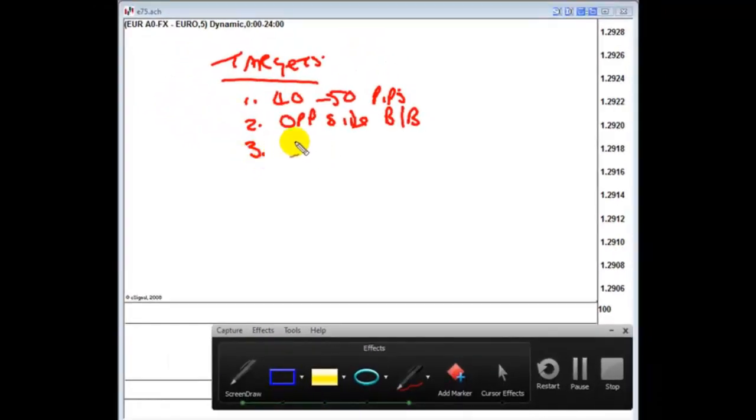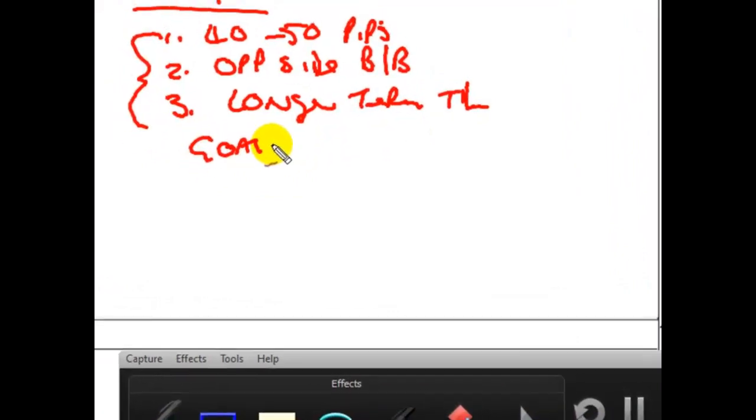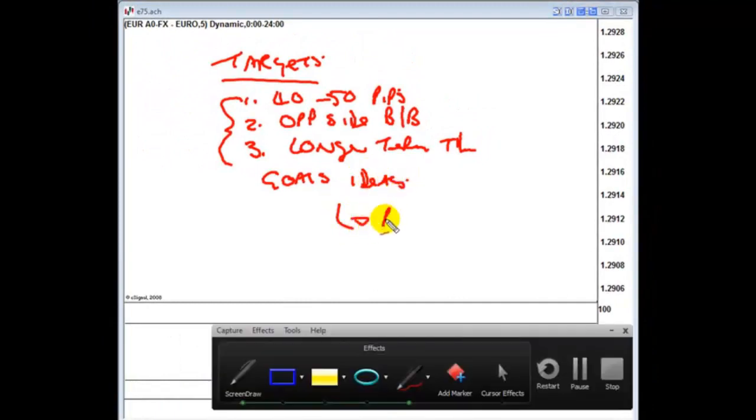And 3, we need to look at the longer term trend line to see where that is. And I said all of these things here are goals or ideals, really, but a lot of it will depend on price action.